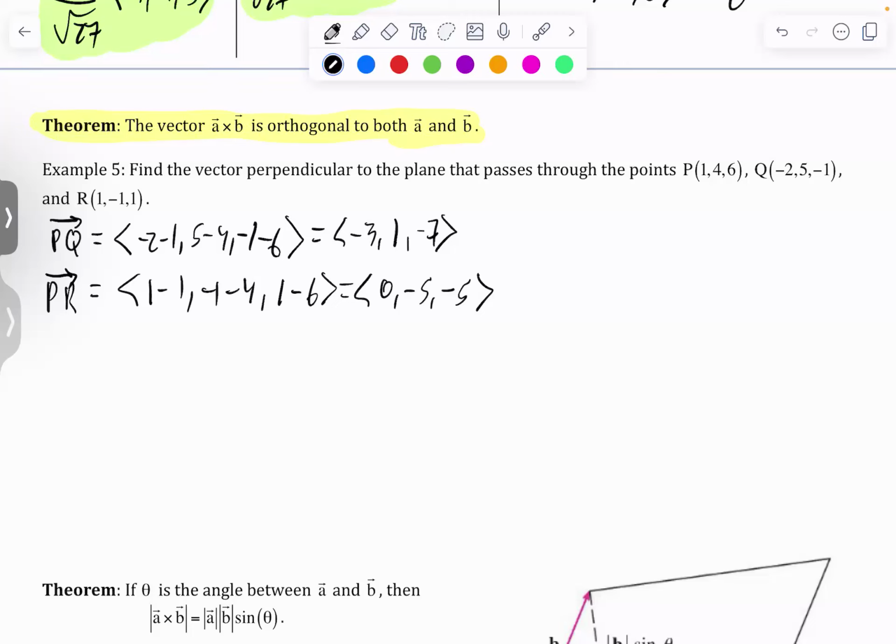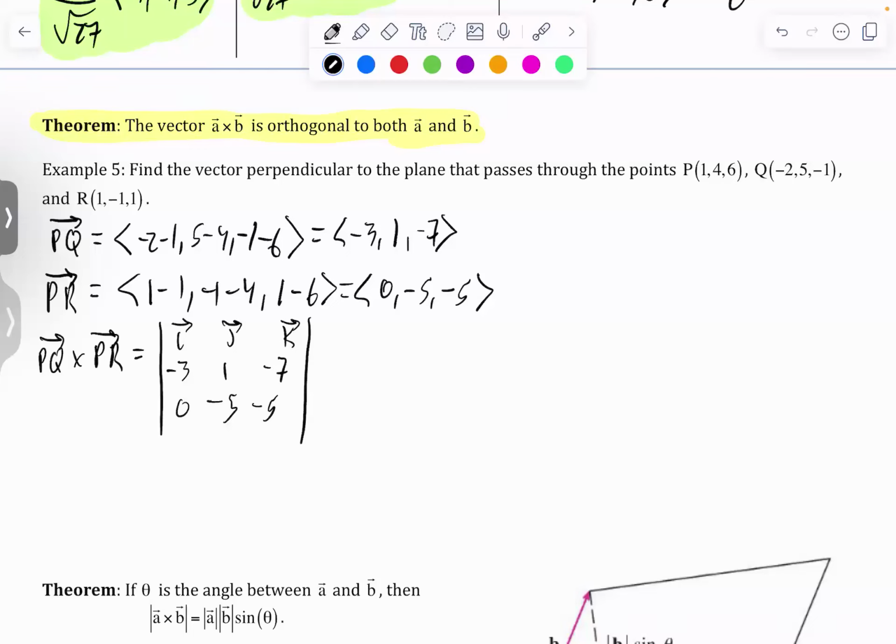I'm going to now do the cross product. So let's see, PQ cross PR is going to be I, J, K, -3, 1, -7, 0, -5, -5.